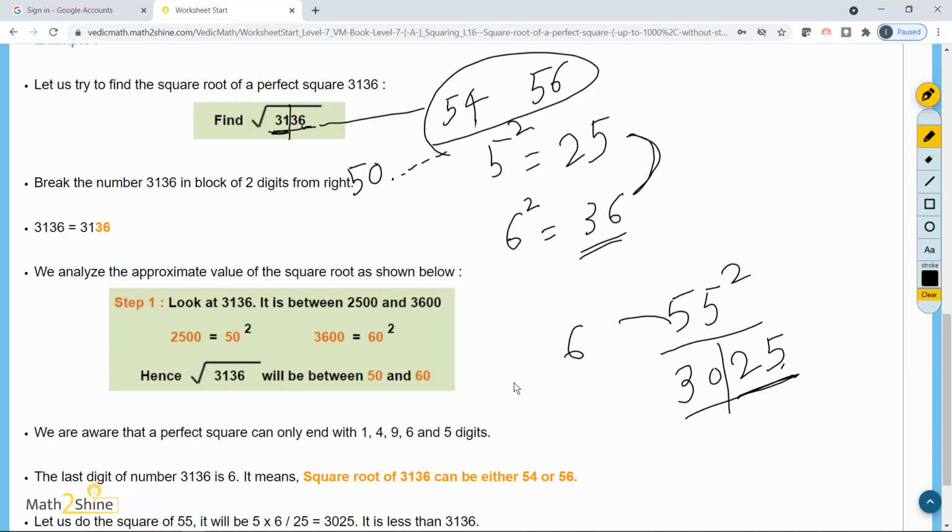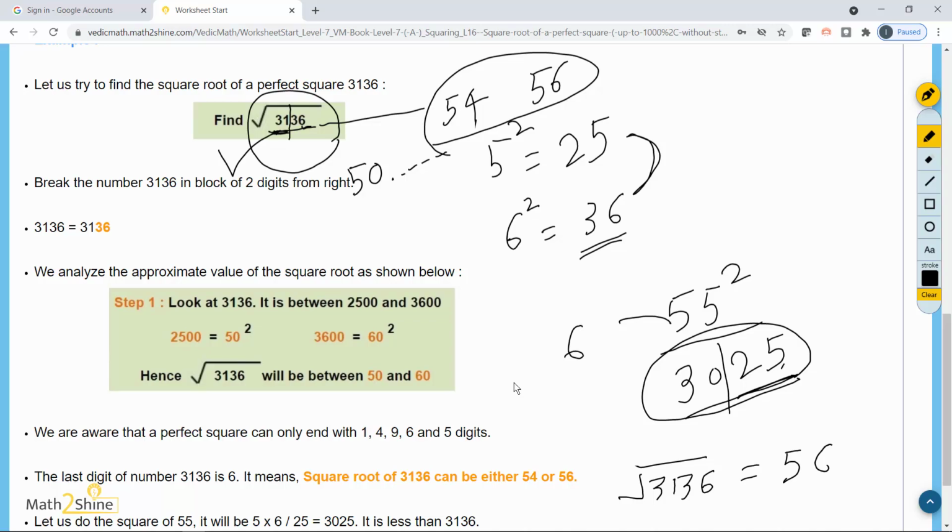When I compare 3025 with 3136, I say this is bigger. So it means the square root of 3136 is 56. This is a logical way of doing a square root. There is a standard way of doing a square root of a perfect square as well, which we will see subsequently.